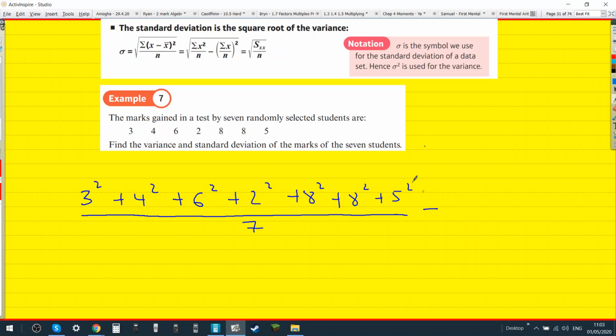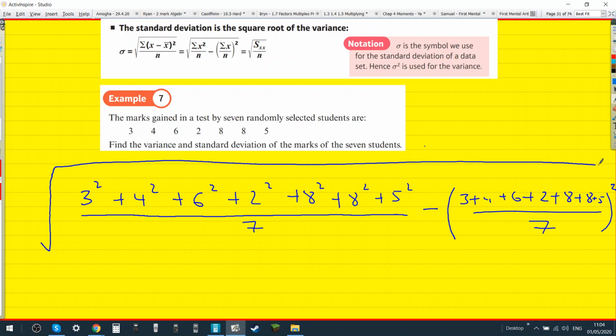And then you take away the mean squared. So in a bracket, all those added up, and then you square that. It's 5. That's over 7 squared, and then you square root that whole thing.